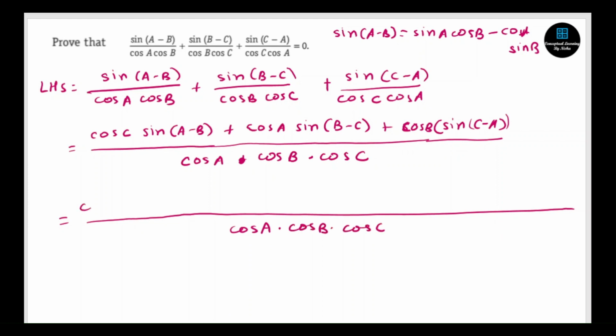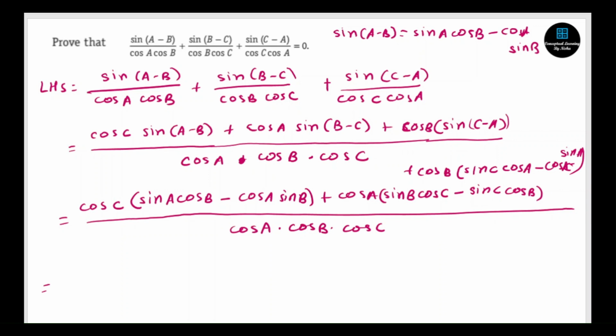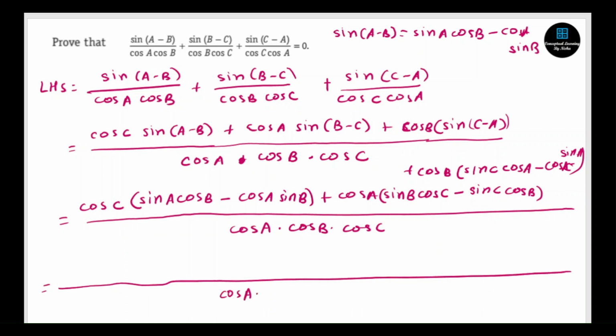Now here what do we get? Cos C into the bracket: sin A cos B minus cos A sin B, plus, open the bracket and then we can write the numerator again. So yeah, this requires a lot of space. Now here what I'll get: sin A cos B cos C, see, I have changed the order, I can do that.